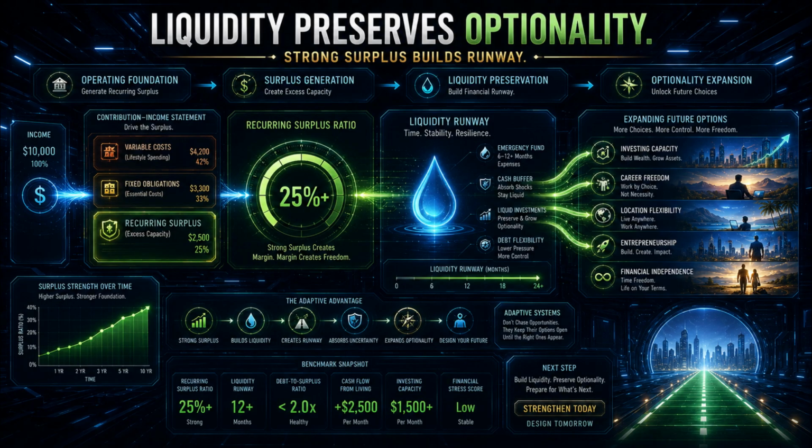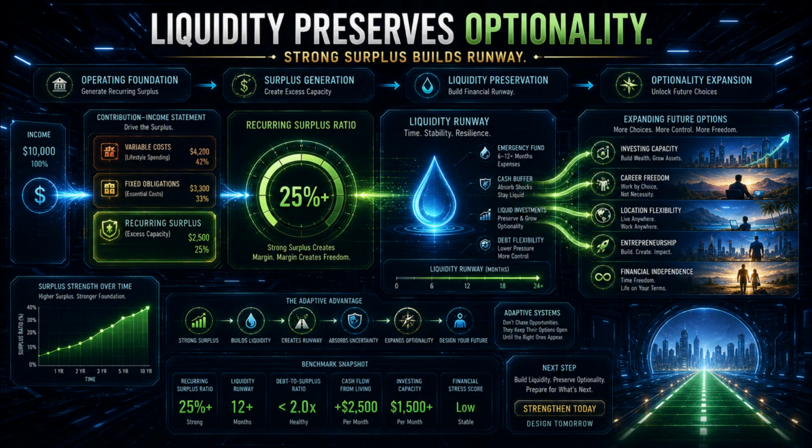In this episode, we explored the first major dimension of adaptive financial architecture, recurring surplus strength. We examined how recurring surplus is measured, why margin for error matters, how benchmark ranges reveal structural strength, and how recurring surplus ultimately drives liquidity, investing capacity, and future optionality.